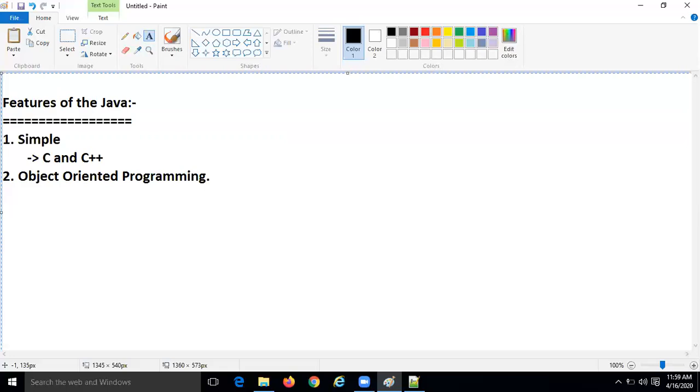Java doesn't support multiple inheritance by using classes. That is one of the proofs, right? If you want to consider any programming language pure object oriented, it should satisfy 100% of OOPs features.